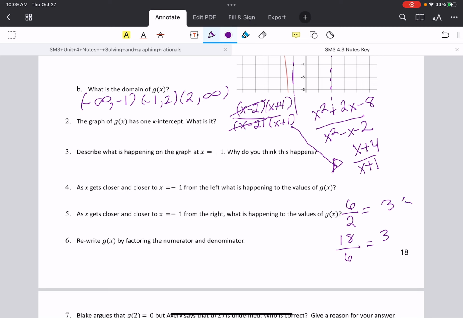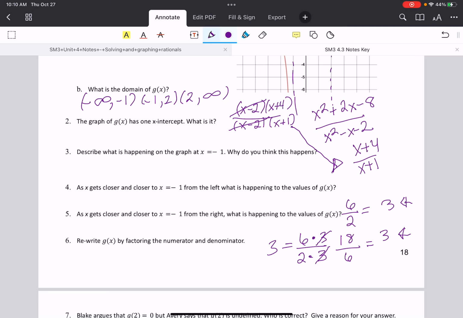Are these the same numbers? Can I rewrite 18 divided by 6 as 6 times 3 divided by 2 times 3? Yes, right? So I could reduce that and just do this. So did that 3 over 3 affect what my outcome was?